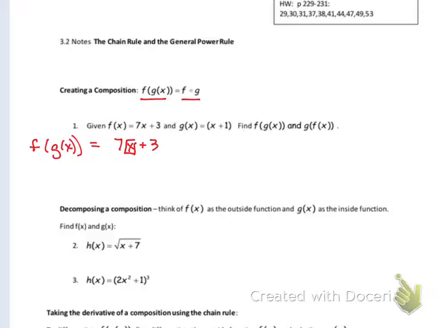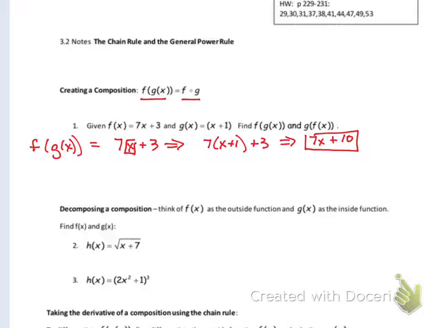So that means that f of g of x is really going to be 7 times x plus 7 plus 3 more. So that is going to equal 7x plus 7 plus 3. So 7x plus 10. That is your best answer for f of g of x.